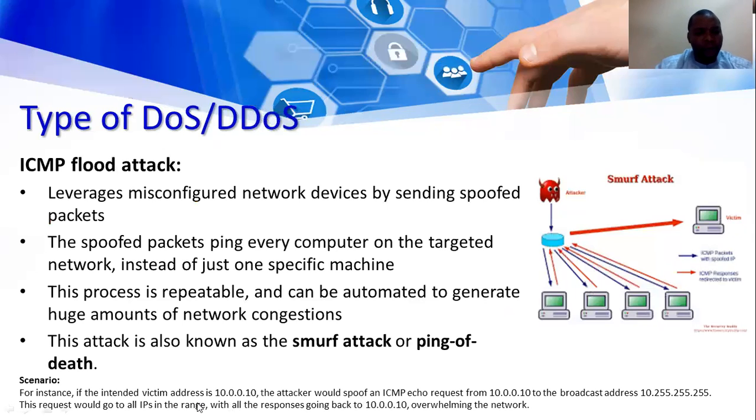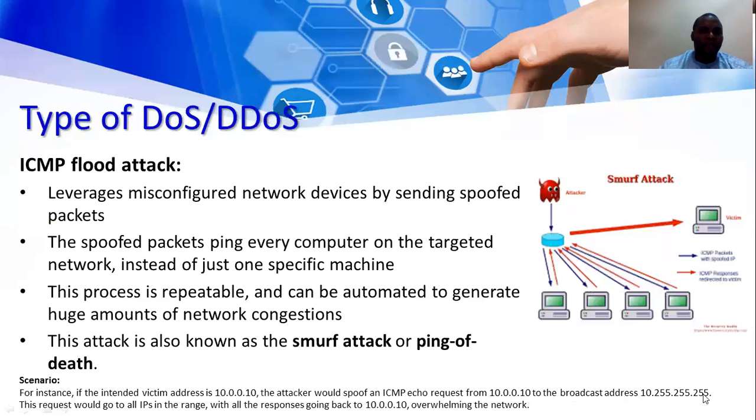Let's look at the scenario here. For example, if the intended victim's address is 10.0.0.10, the attacker would spoof an ICMP echo request from 10.0.0.10 to the broadcast address, which is this.